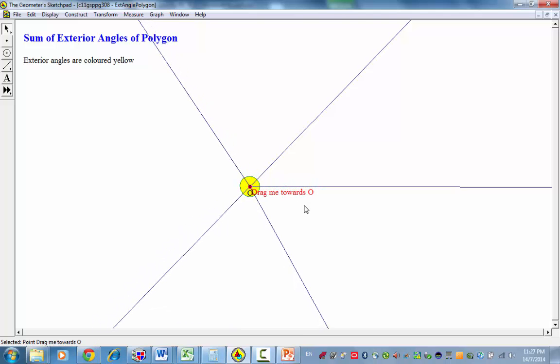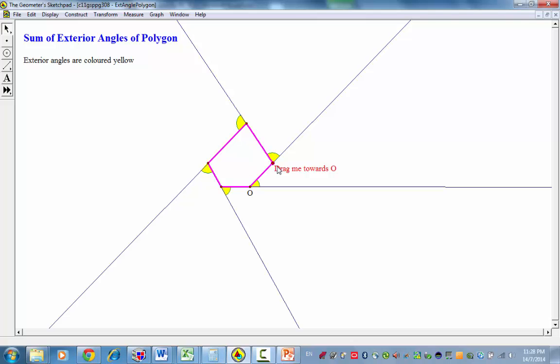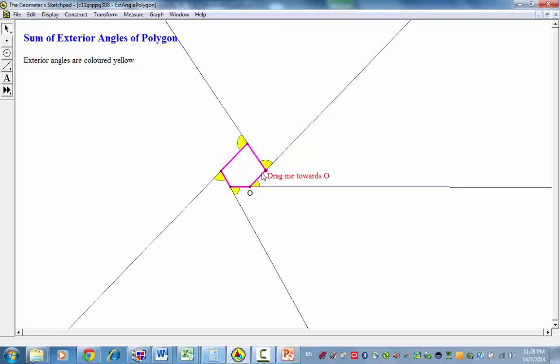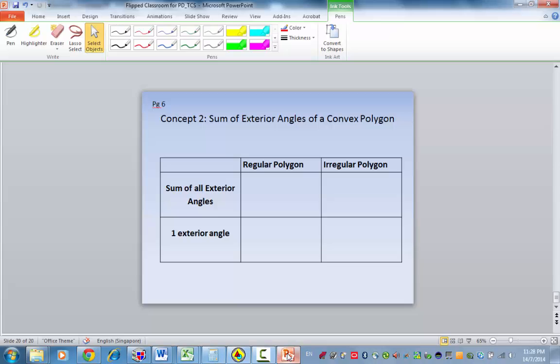The sum of all the exterior angles. Let me repeat again. I will be dragging all the exterior angles to a point. What will be the sum of all the exterior angles? So the sum of all the exterior angles will be 360 degrees.